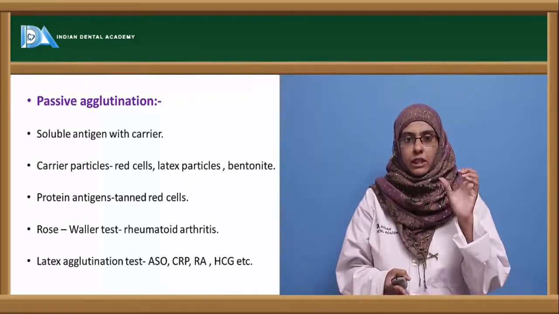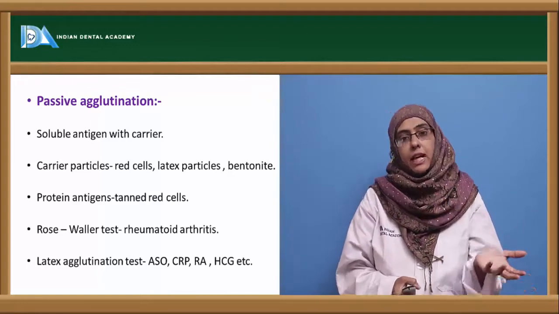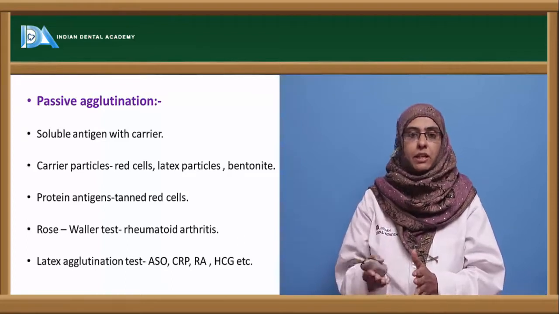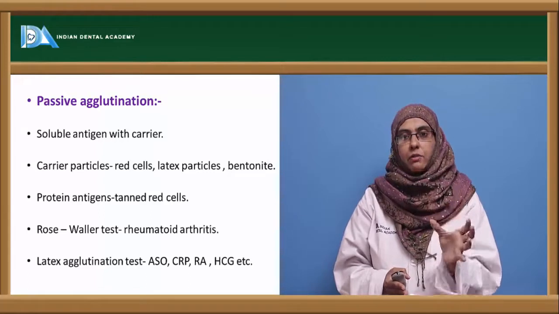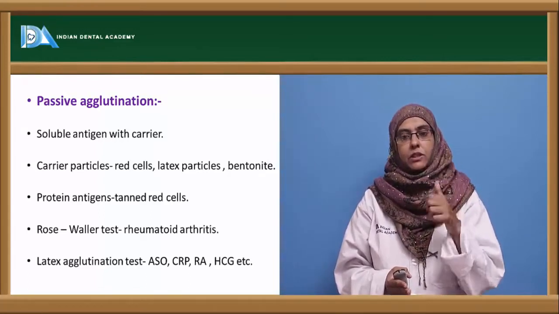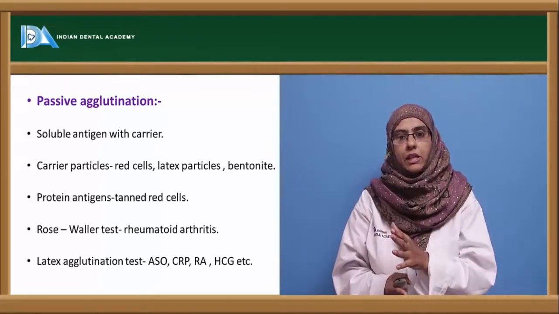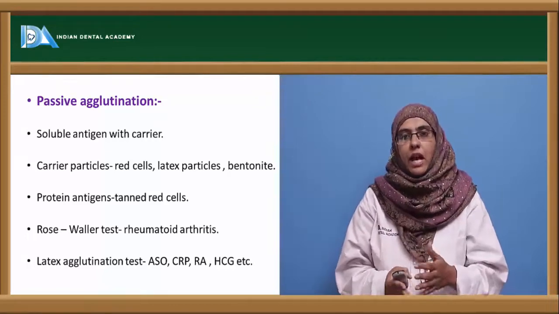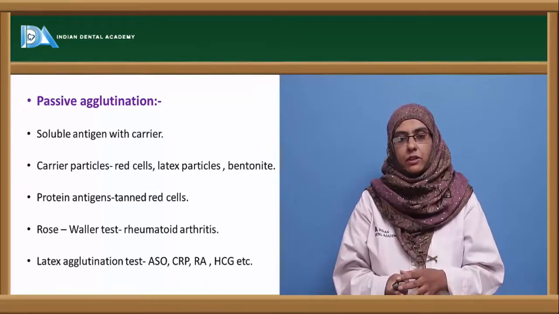So the disadvantage of the precipitation reaction, which cannot detect the antibodies, can be converted to an advantageous procedure by mixing the soluble antigen with a carrier molecule, such as RBCs, latex particles or bentonite, to completely change them to particulate antigen. Now these particulate antigens can be used in detection of the antibodies that are involved in the agglutination reaction.